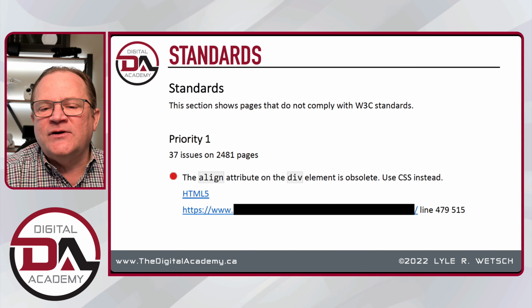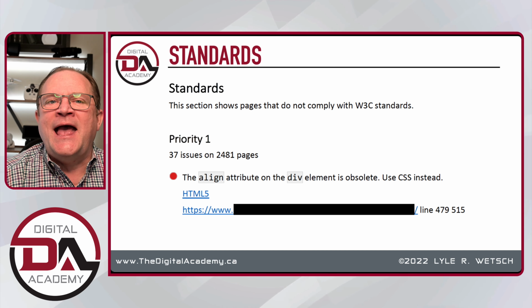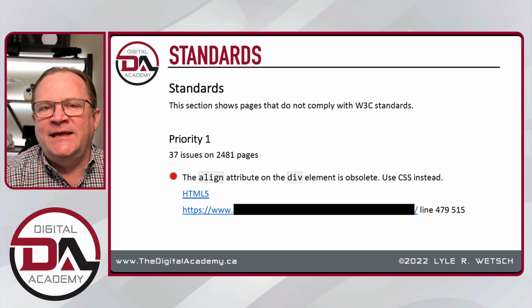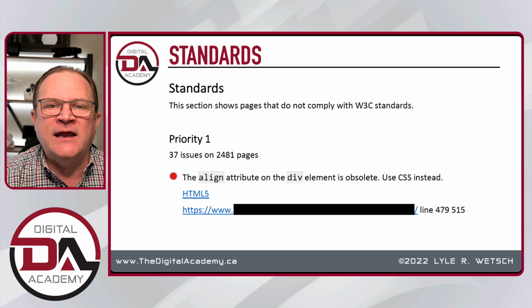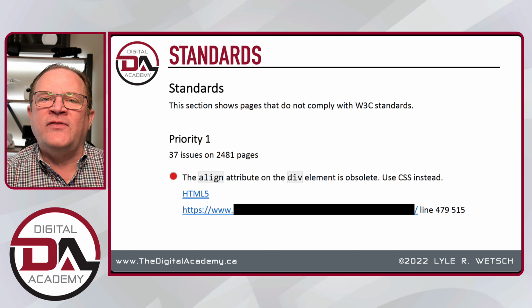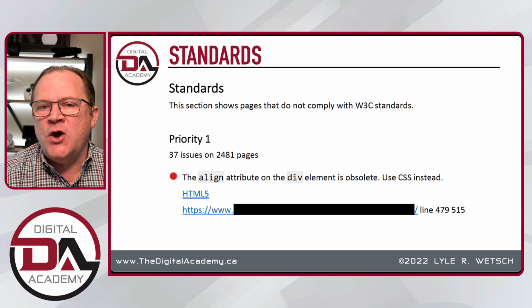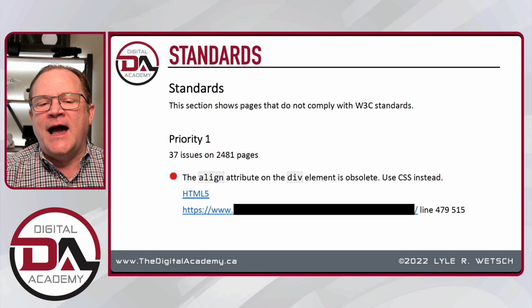These are standardized standards that exist and are constantly in development. So if you've got issues on your website that are not compliant with the W3C standards, the odds are that they are because you have old legacy code that was built to a previous standard and not updated.